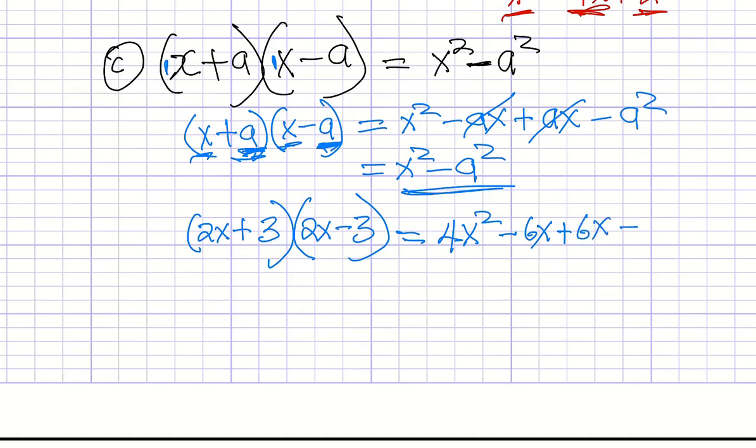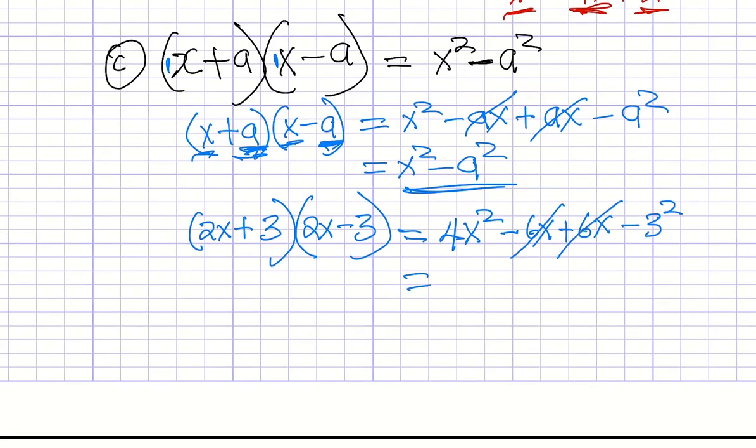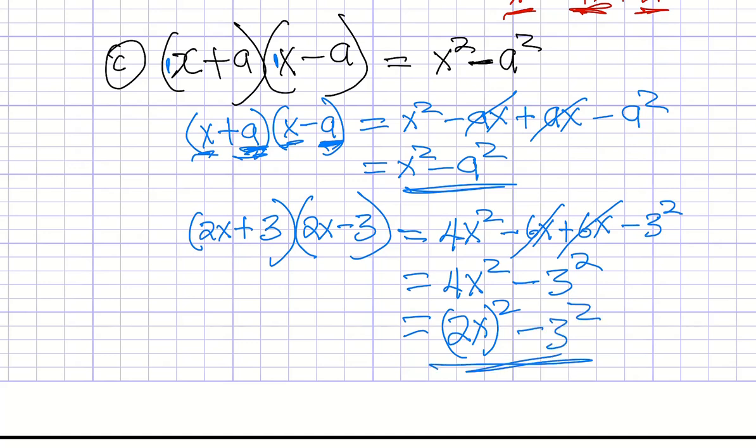And then positive 3 times negative 3, you get negative 3 raised to power 2. Notice that this cancels out. And then you get 4x raised to power 2 minus 3 raised to power 2. You can even write that as 2x raised to power 2 minus 3 squared. See? It's similar to that one there.